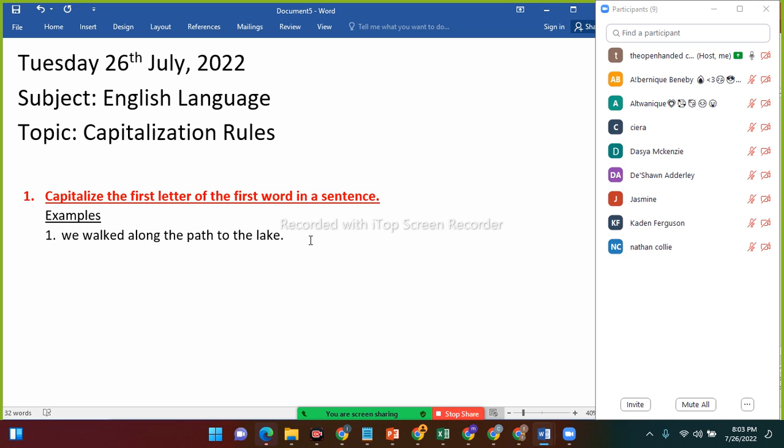So the correction is that it's supposed to be a capital W. So we walked along the path to the lake. This one right here is the wrong way. This right here is the correct way.